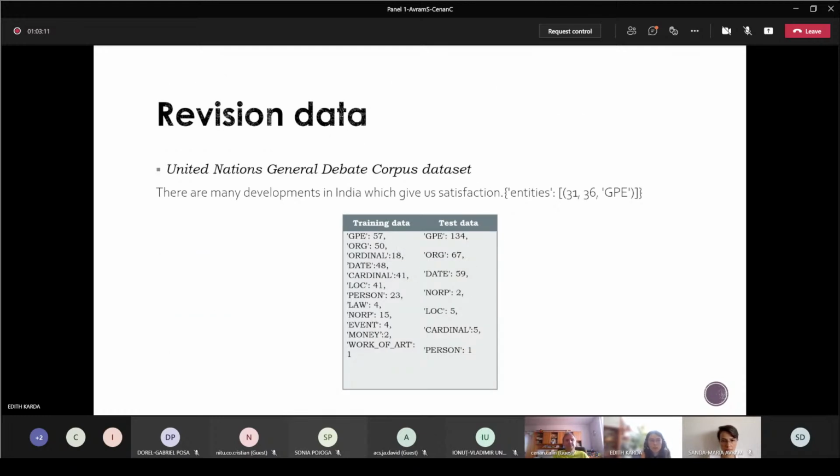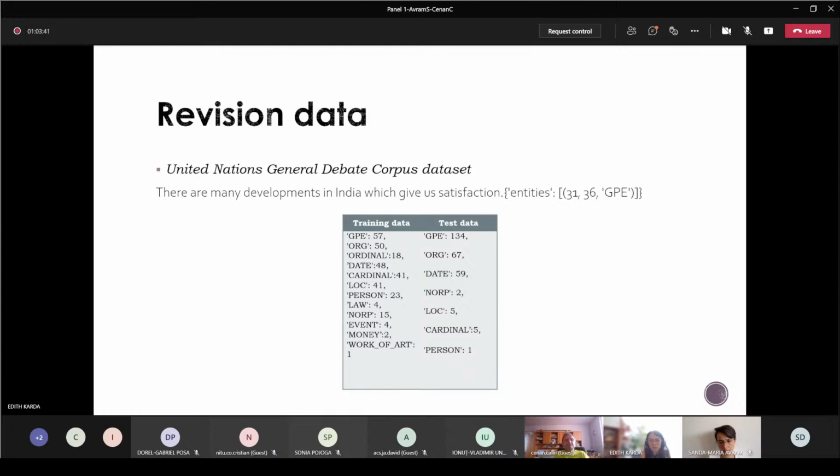Further on, I also had to prepare revision data. This is needed in order for spaCy not to forget the old entities. Because if we just train a model on our new entity, on food, for example, then it will not be able to recognize the old entities it was trained on. So I also had to train it on the existing entities.